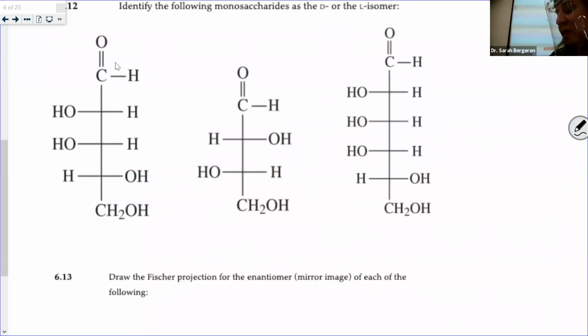What can you tell me about isomers in general? How do I know if 2 molecules are isomers of each other? Well, they have to have the same molecular formula, but they also have to have the same structure, except what? Between the L and D isomer. What's the difference between the L and D isomer?